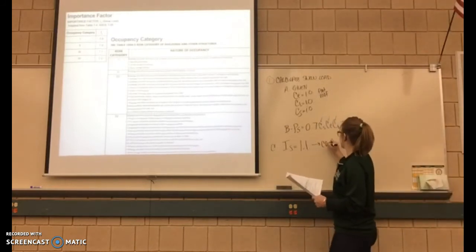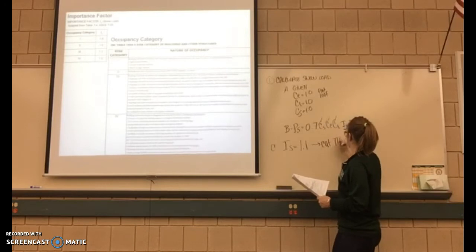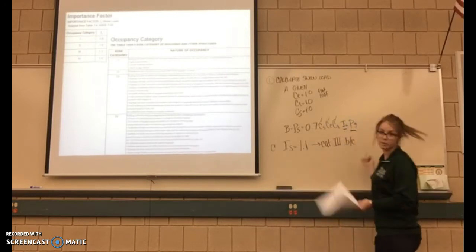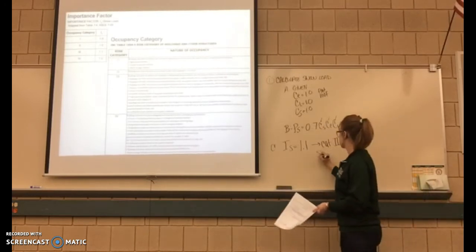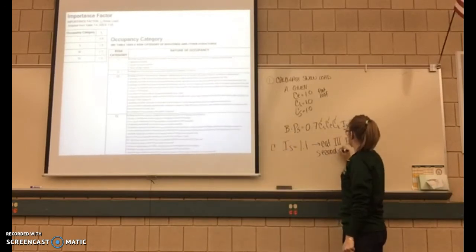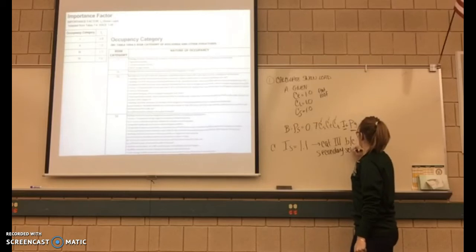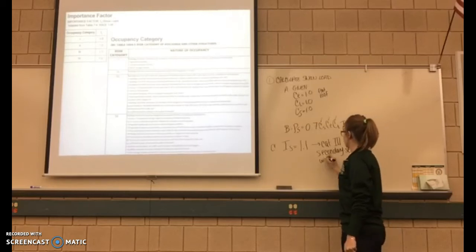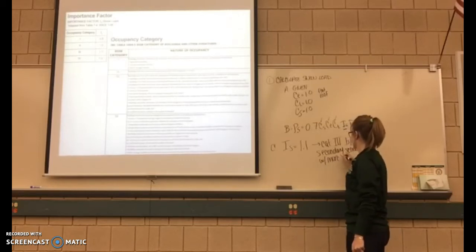You're going to say category 3, and if you want to abbreviate, that's fine, because we're a secondary school, so use the terminology they did: secondary school with more than 250 students.